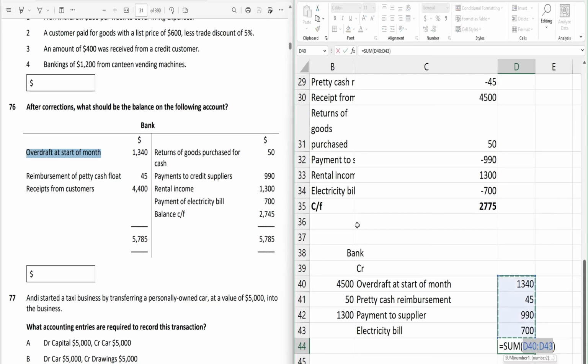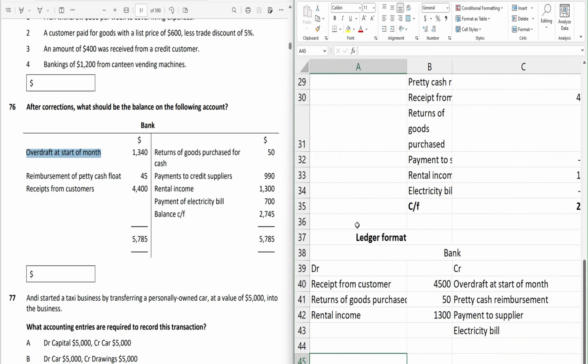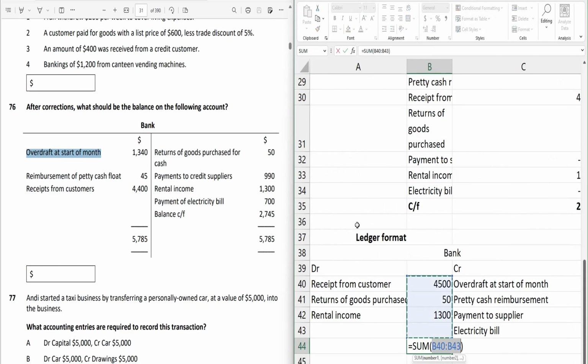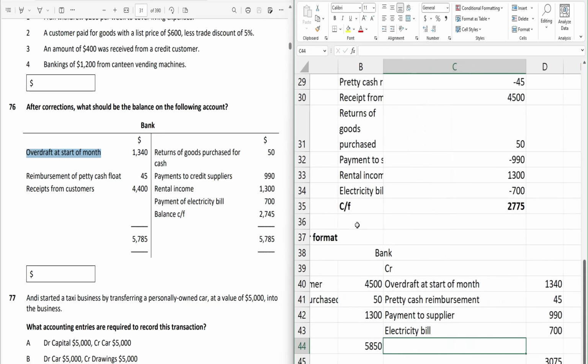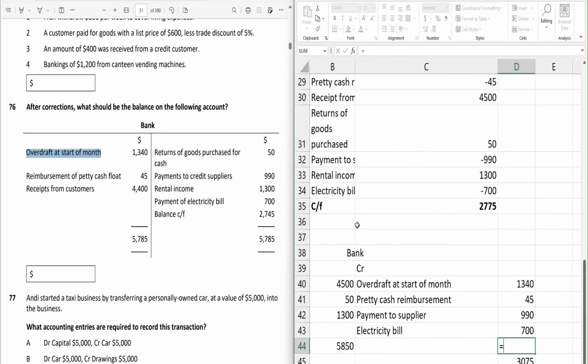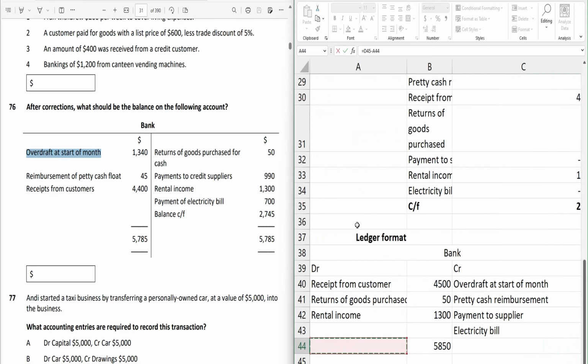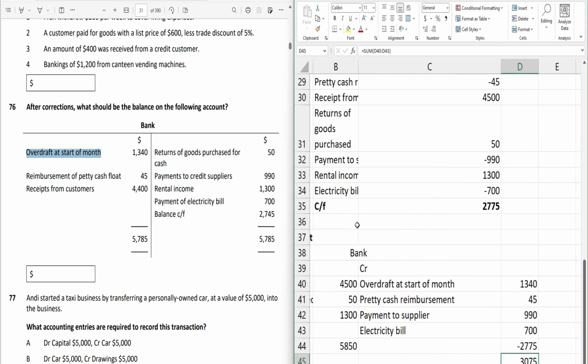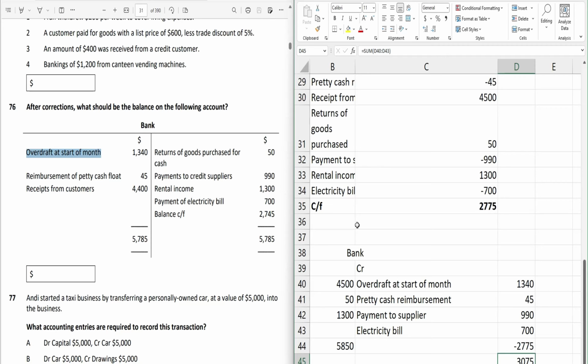Adding up all this, we have 3075, and adding up here we have 5850. So how much balance should be carried forward? We can say carry forward 2775.